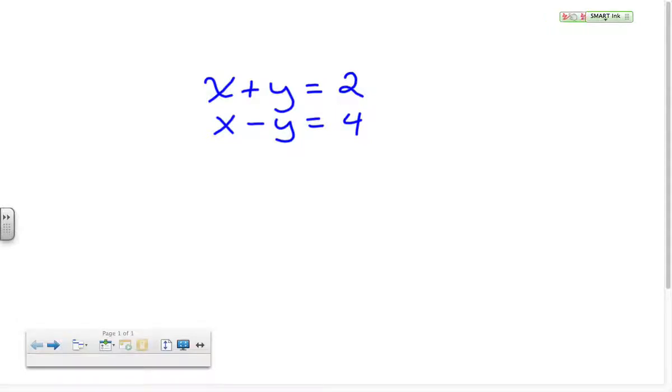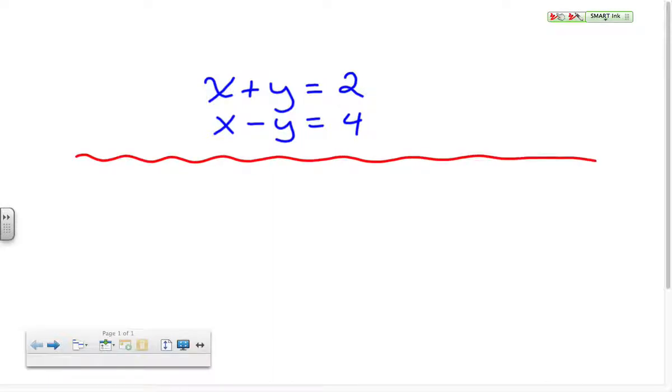But the problem is it becomes much harder once we start introducing more variables. So you always need the same number of variables as you have equations. With a two-variable system, you would have two equations. With a three-variable system, which is what we're going to do today, you would have three equations.